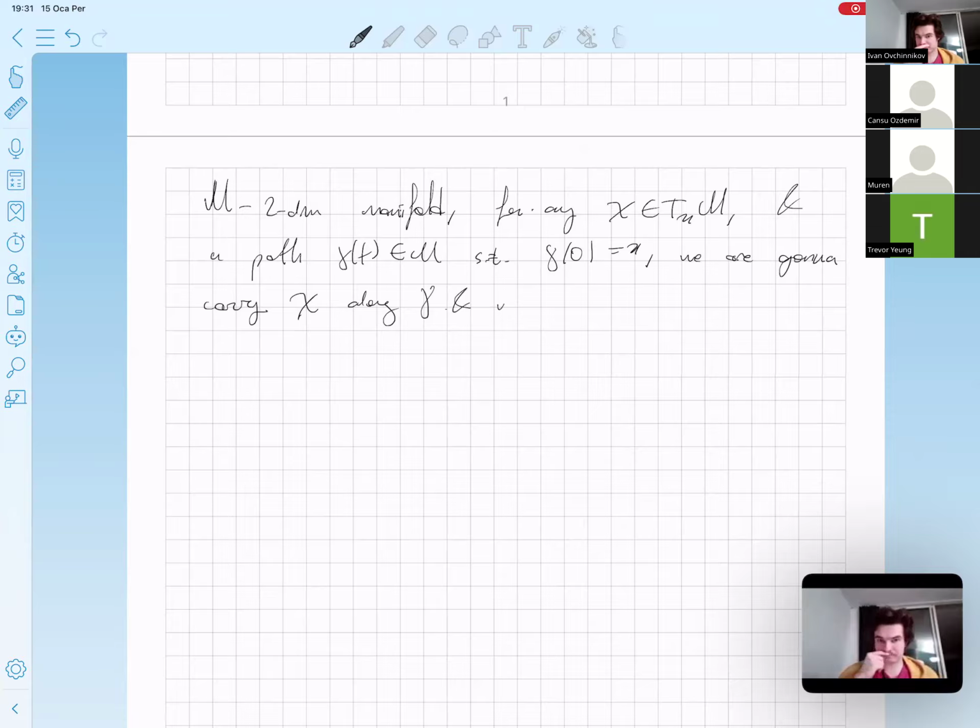And these will be the smooth family of tangent vectors.